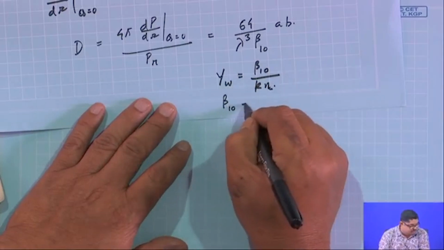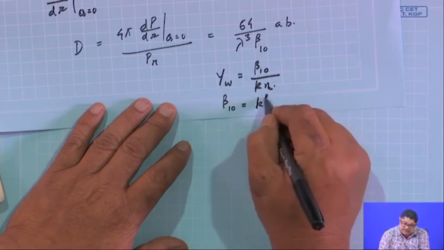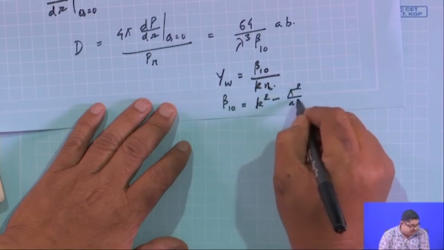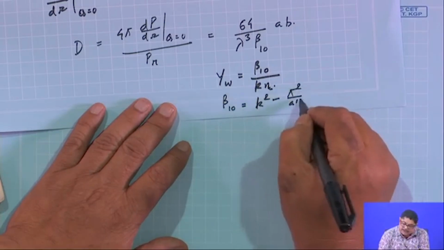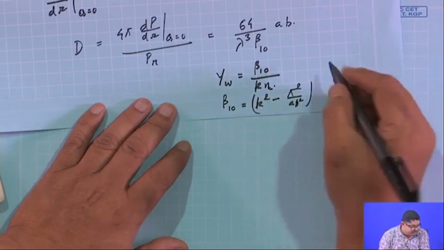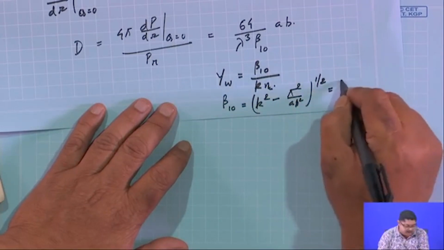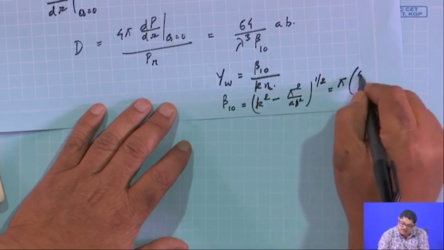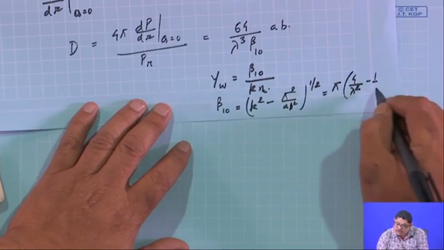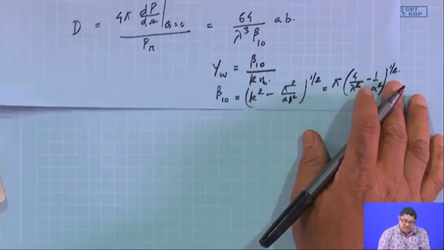Beta 10 is k square minus pi square by a square, to the power half. So that becomes pi by 4 by lambda square minus 1 by a square, to the power half.